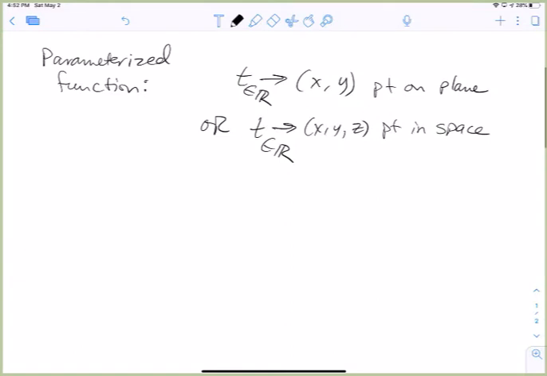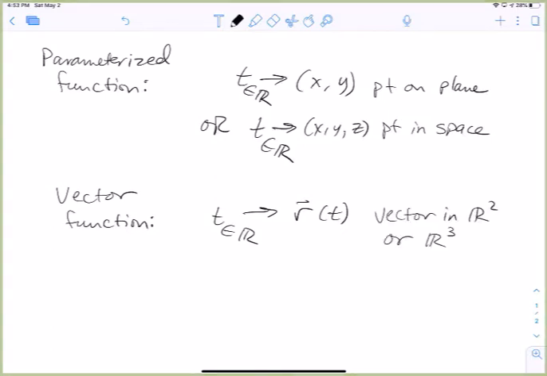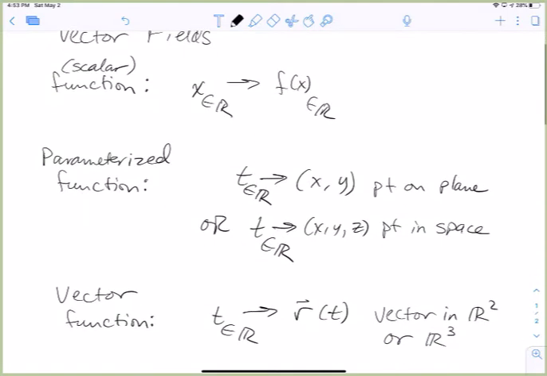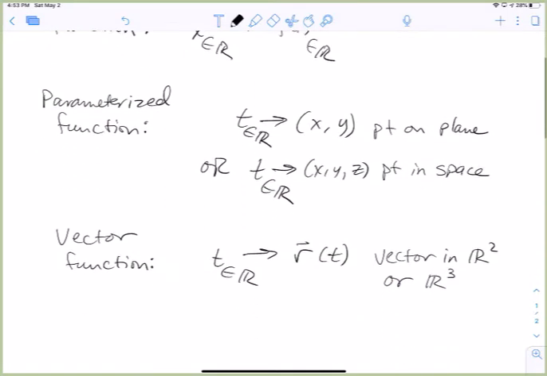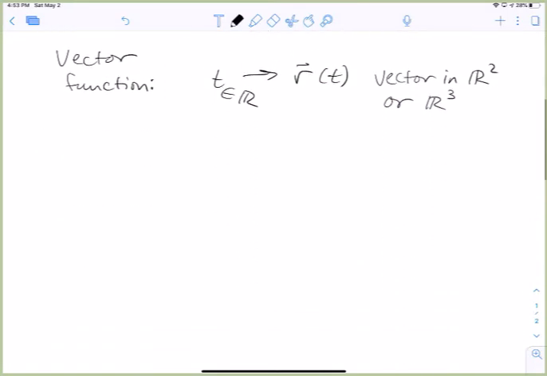Adding to this list, we can consider a vector function, which takes in a real number, in this case I'll call it t, and maps it to a vector r of t, and this vector could be in R2 or R3. So these are some things that we have seen up to this point, and we're going to see now what a vector field is.